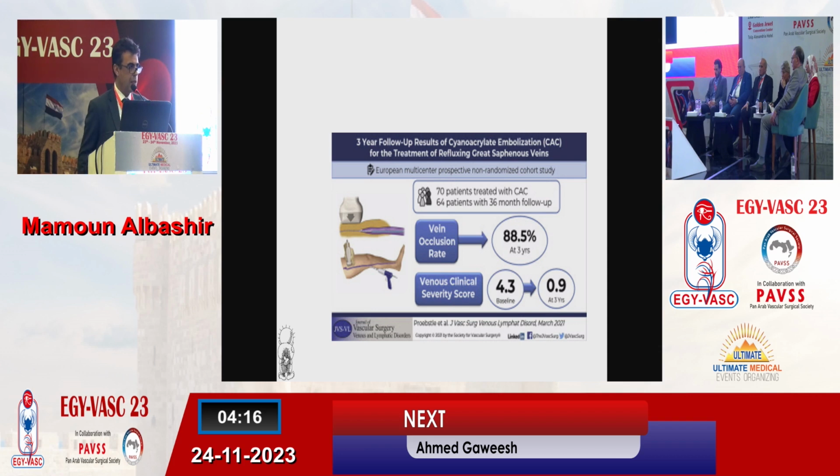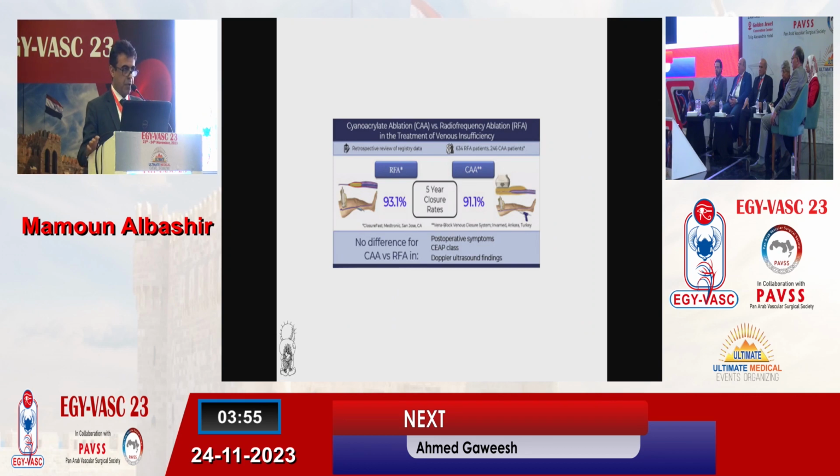That's why the main glue device used, the Medtronic VenoSeal device, has literature showing a vein occlusion rate at 3 years of about 88%, and the improvement in the venous clinical severity score is quite significant at 3 years as well.